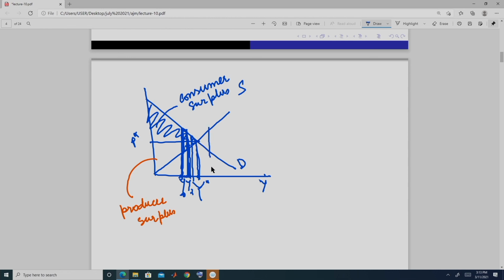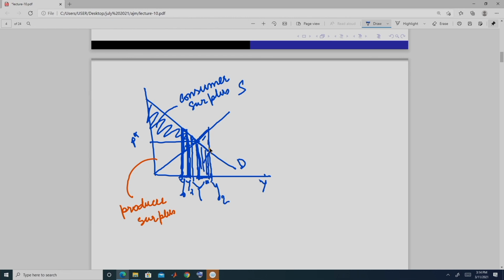Now, suppose we produce this much amount of output, which is y naught. Now, here, instead of producing y star, that is the equilibrium output, if we produce this y 2, then the additional cost borne by all the firms is this much. The additional amount the consumers are willing to pay is only this.